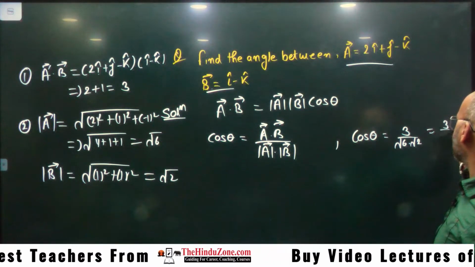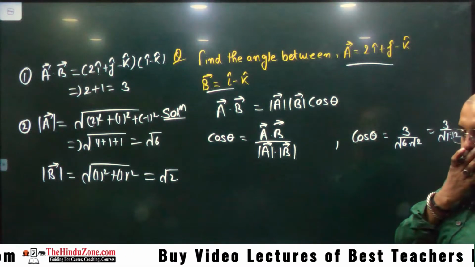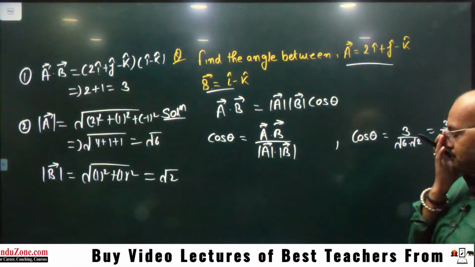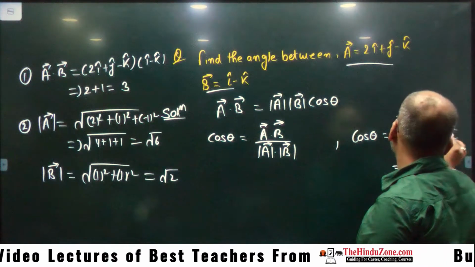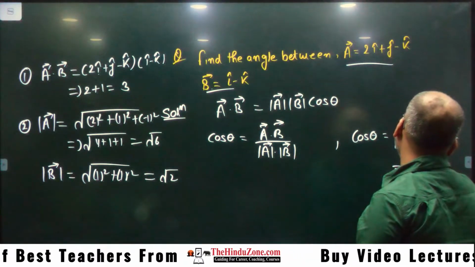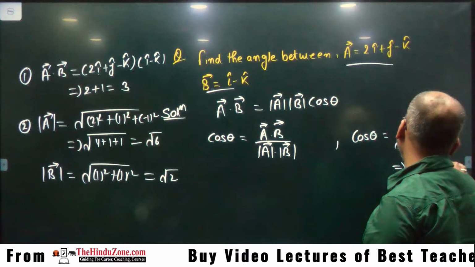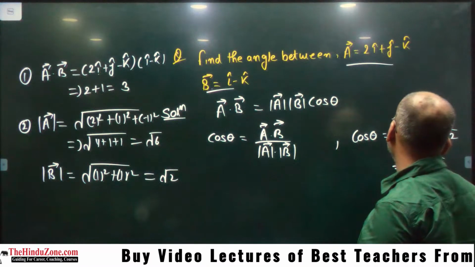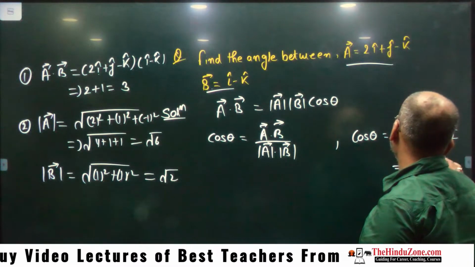This can be written as 3 upon under root 12. Can you solve it or not? 3 can be written as under root 3 into under root 3, and this is under root 12.